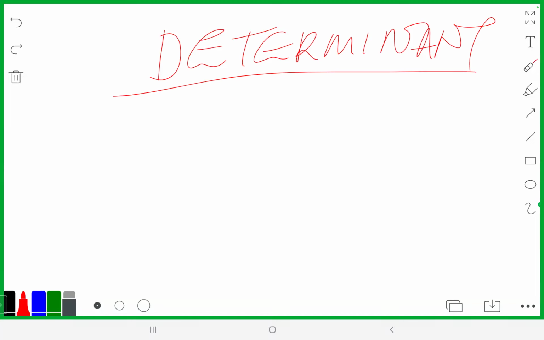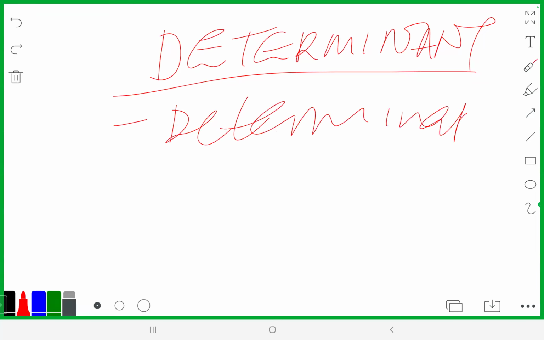To start with, I will explain some key concepts about matrices, and I'll show you how to calculate the determinants of the given matrices. After we have learned how to find the determinant of a given matrix, we will also look at the inverse of a given matrix.